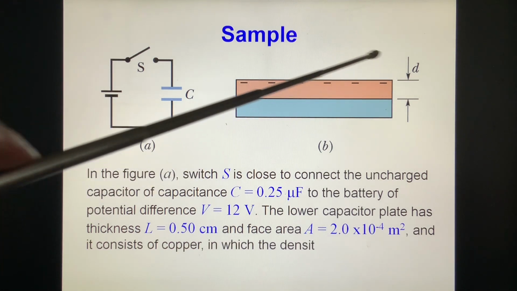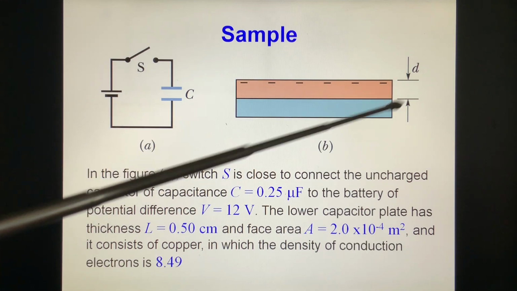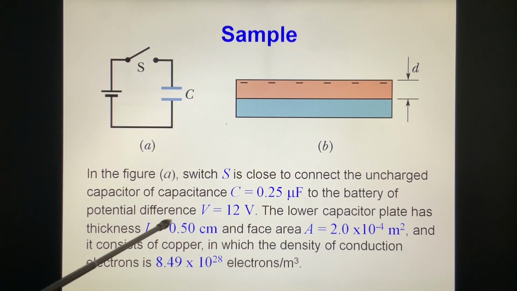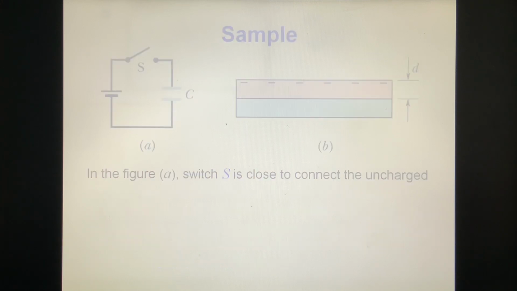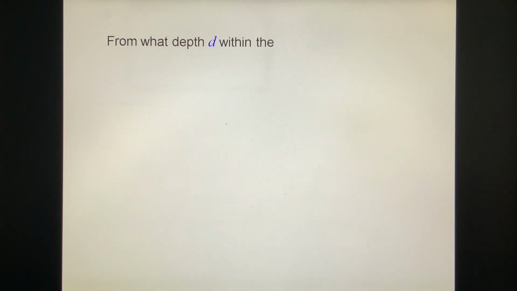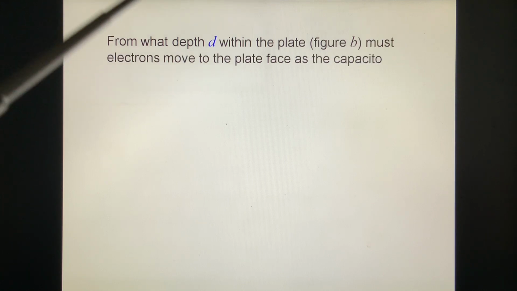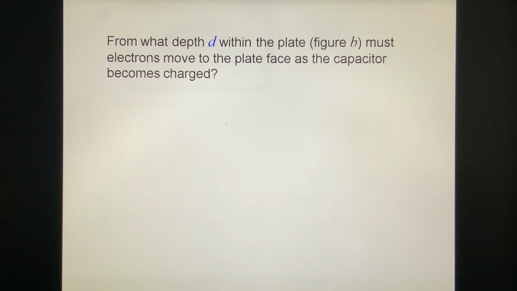The lower capacitor plate has thickness L equal to 0.50 centimeter and face area A equal to 2.0 times 10 to the minus 4 square meters, and it consists of copper, in which the density of conduction electrons is 8.49 times 10 to the 28 electrons per cubic meter. From what depth within the plate must electrons move to the plate face as the capacitor becomes charged?